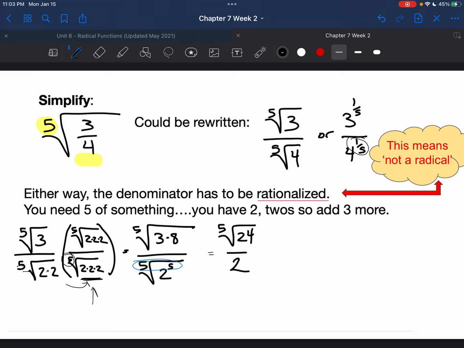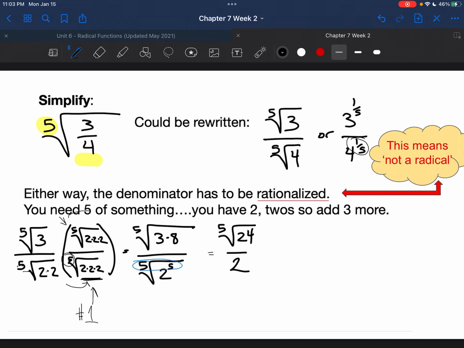Now, math rule number 1, this has to be the number 1, right? So when I multiply by something, I have to actually multiply by the number 1 so that I'm technically not changing it. That means if I multiply by the fifth root of 8 on the bottom, I have to also multiply by the fifth root of 8 on the top.